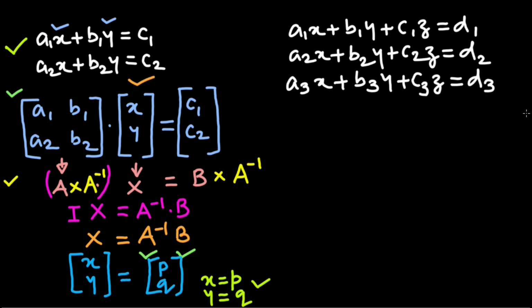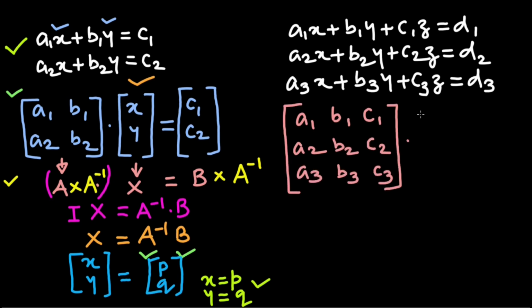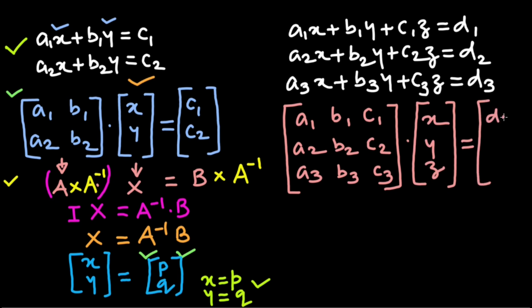We write these equations in matrix form as the coefficient matrix a1 b1 c1, a2 b2 c2, a3 b3 c3, multiplied by the variable matrix x, y, z, equal to the column matrix of constants d1, d2, d3. We name the coefficient matrix A and the variable matrix X, which equals the constant matrix B.